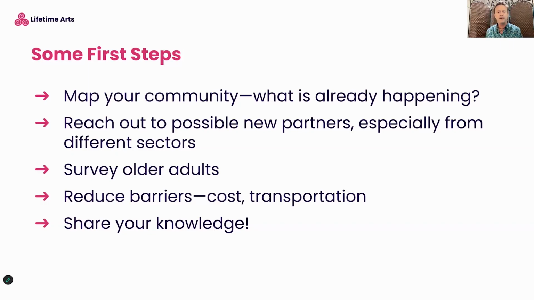Can you make information easier to find or spaces more welcoming and accessible? And don't underestimate the power of simply sharing what you know. Talking about creative aging and sharing your excitement can help build momentum and bring more people into this work. These are some first steps that we can think of.